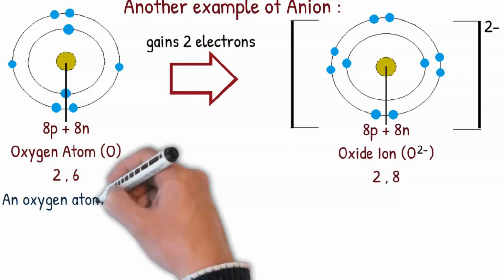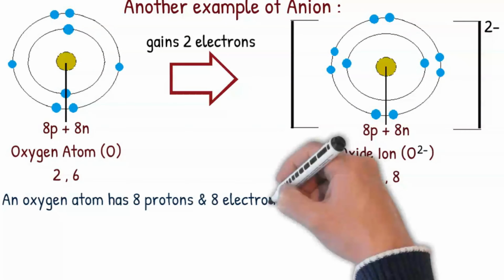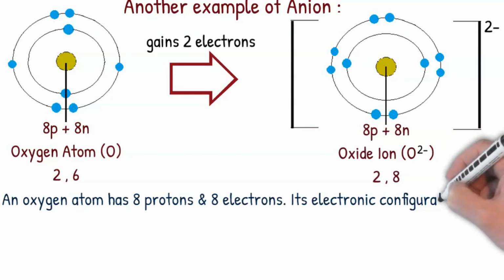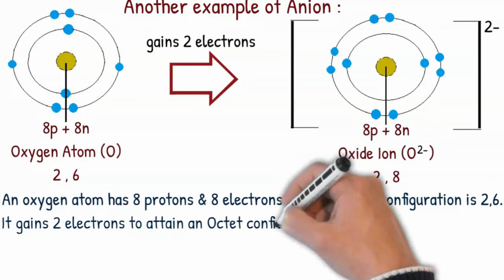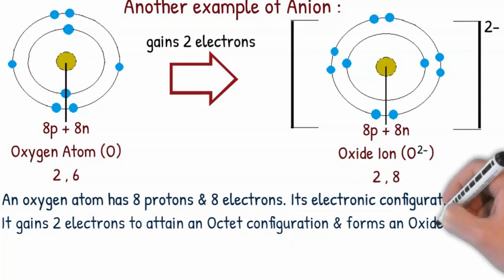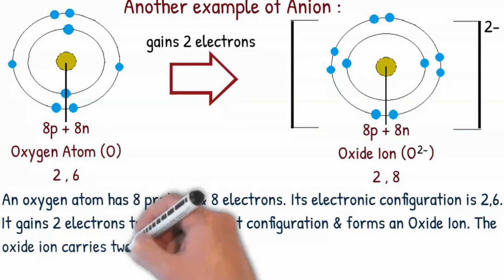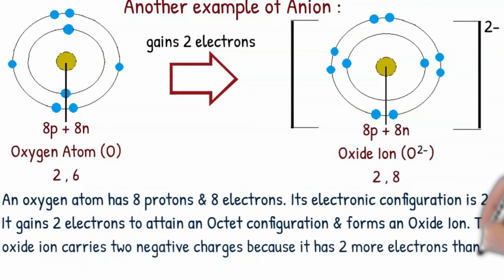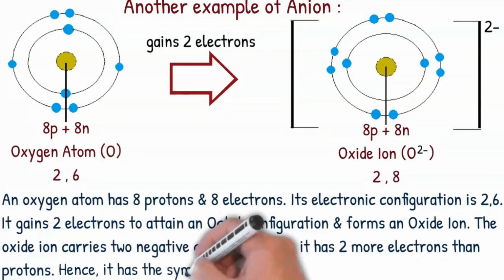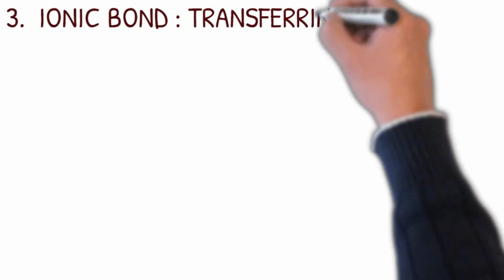An oxygen atom has 8 protons and 8 electrons, its electronic configuration is 2, 6. It gains 2 electrons to attain an octet configuration and forms an oxide ion. The oxide ion carries 2 negative charges because it has 2 more electrons than protons, hence it has the symbol O2-.